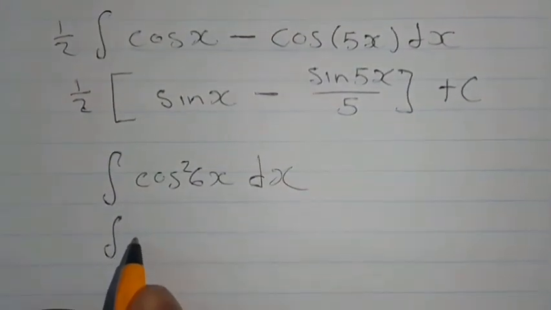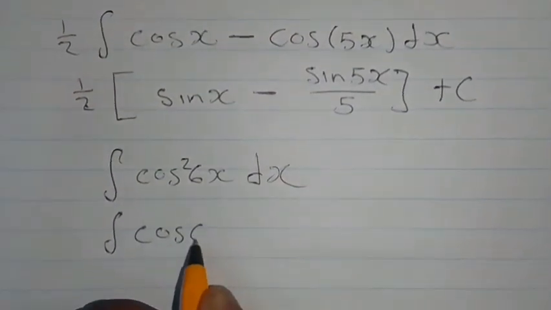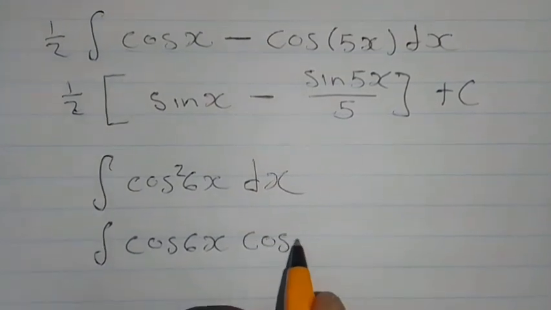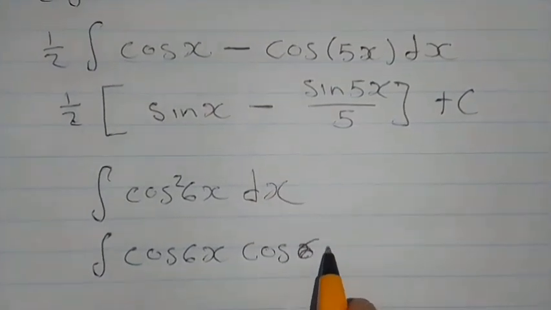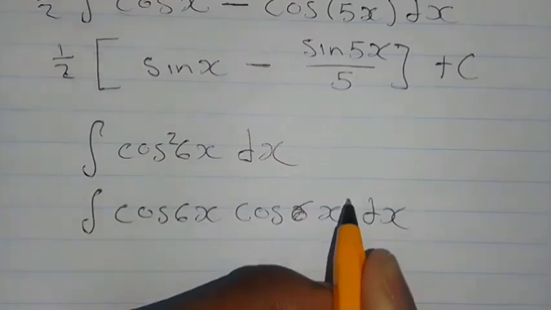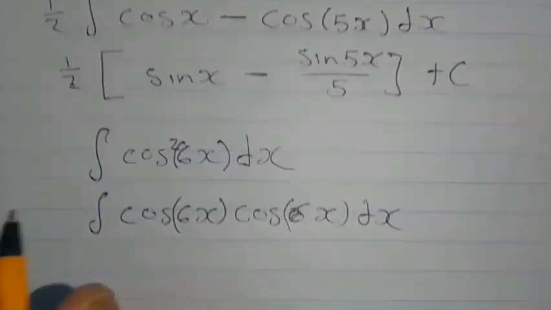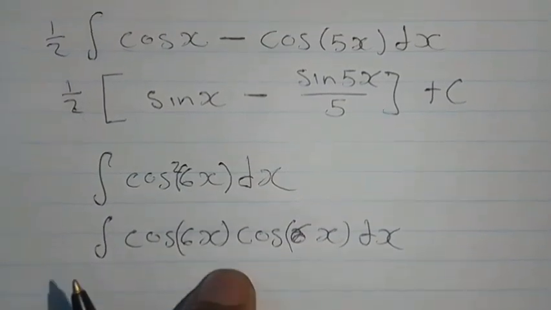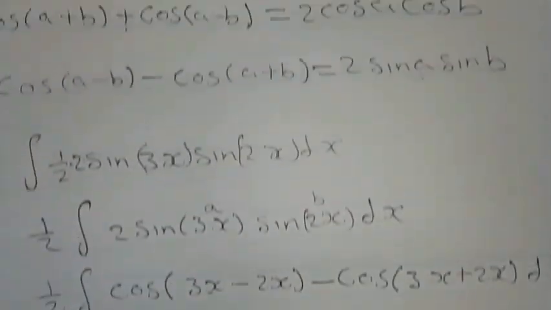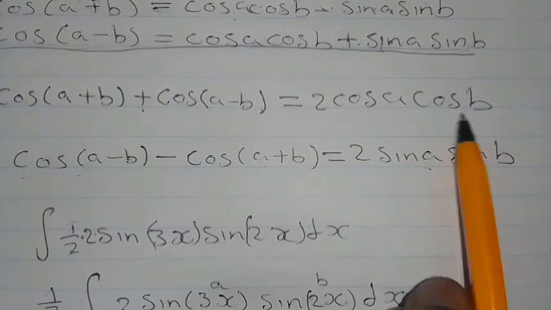So this integral is the same as cos 6x times cos 6x dx. So now, if you go up there, I showed you the identity for cos.